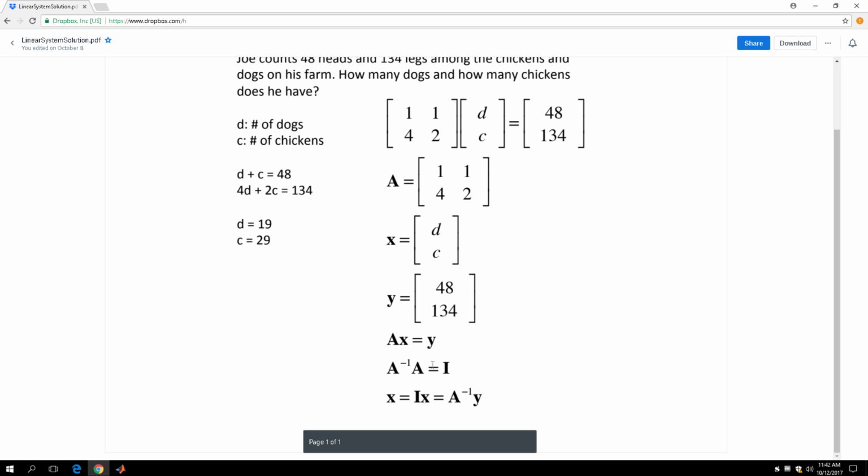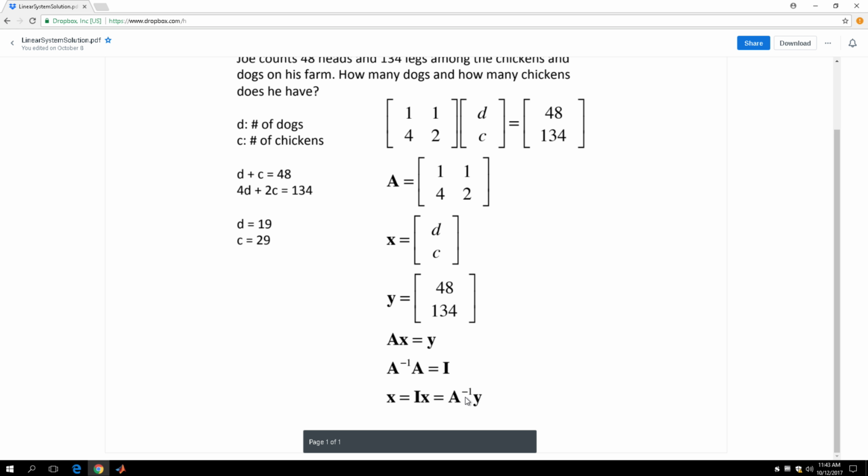And then on the right hand side, you have A -1, that's the inverse, multiply y, right? So A -1 multiply y, right? So if you can actually come up with the inverse A -1, you multiply with the right hand side, this vector y. We know y, right? The numbers inside of the y vector are given, 48, 134, right?